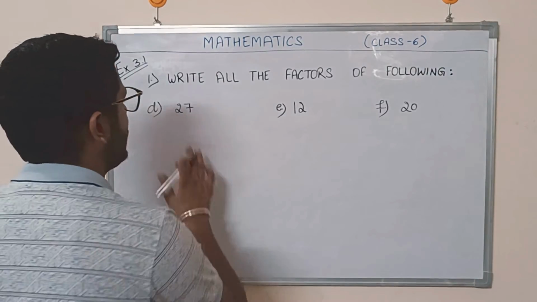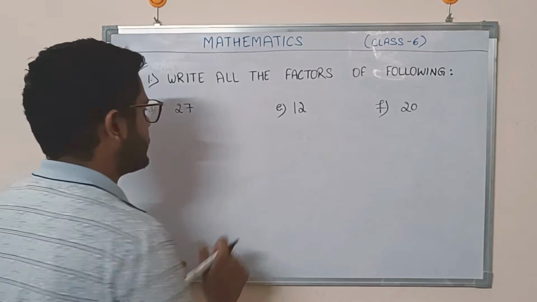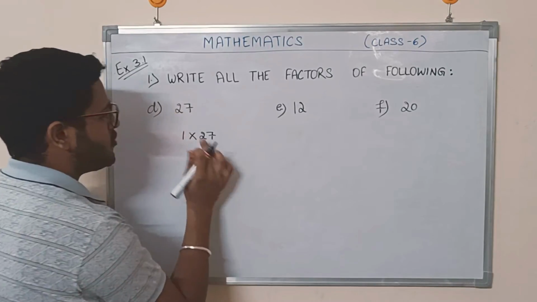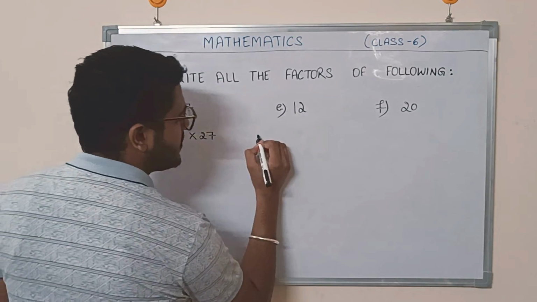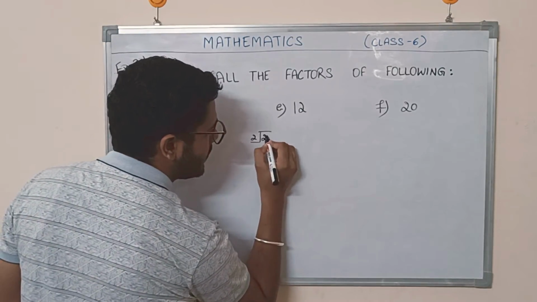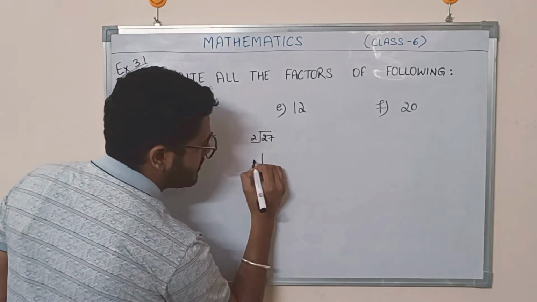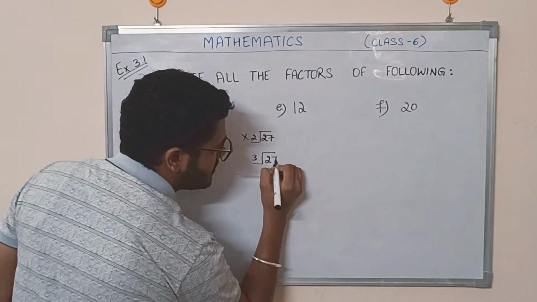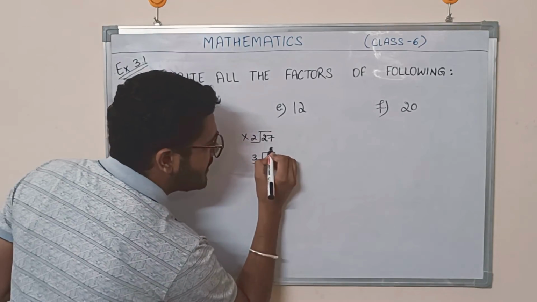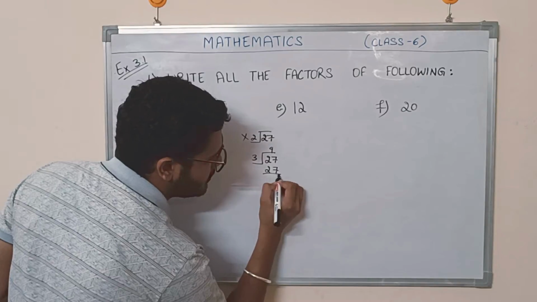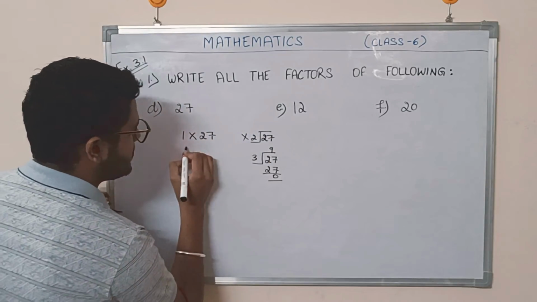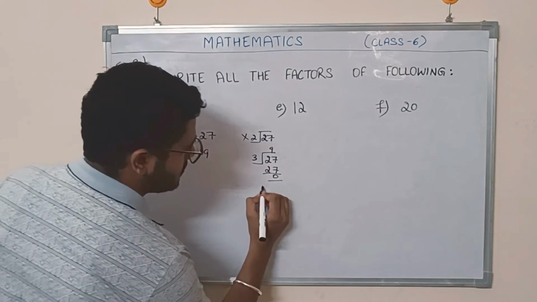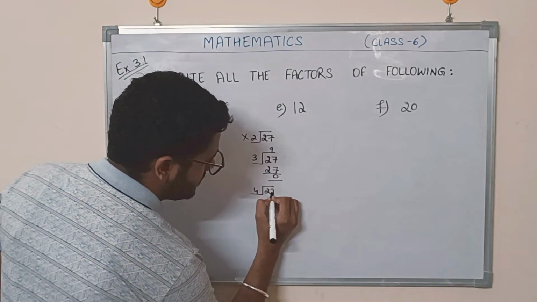Now let's try to find the factors of 27. First it will be 1 into 27, right? So 2 will not be an exact divisor of 27. You can try, okay? Now try to divide 27 by 3. 3 9s are 27, remainder is 0. So 3 into 9 is a factor. Okay. So 4 won't be a factor.